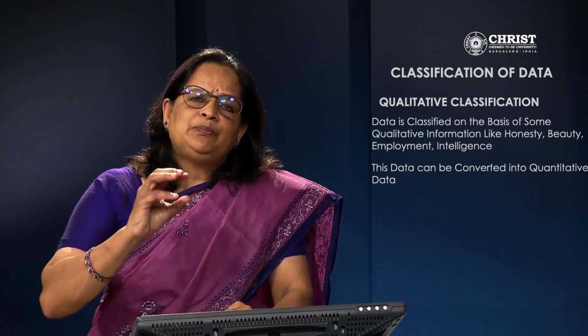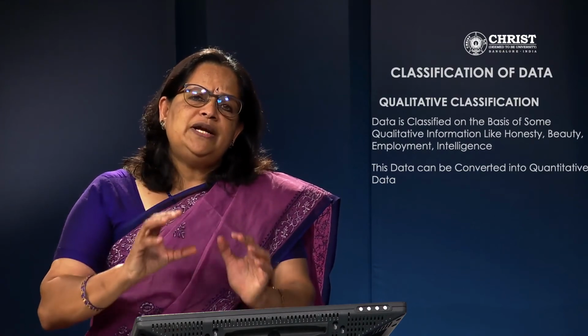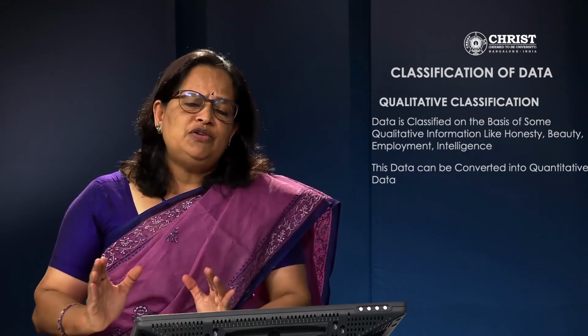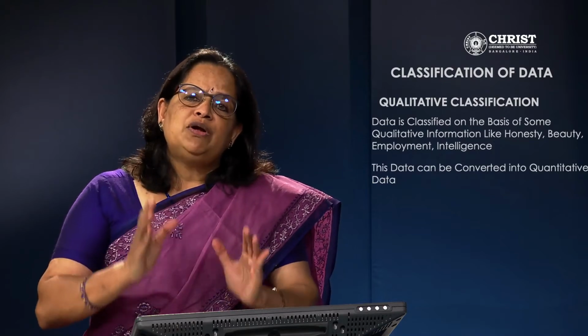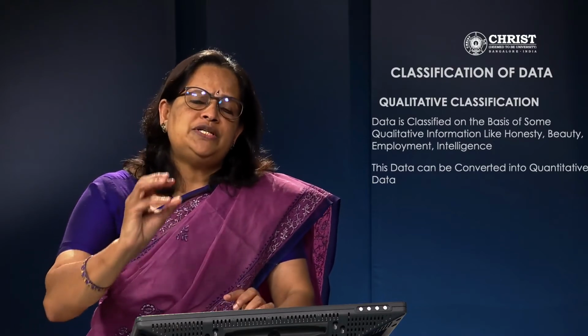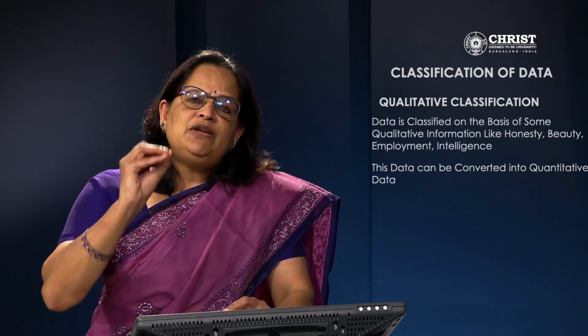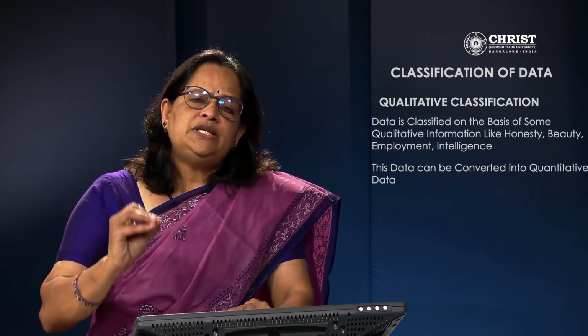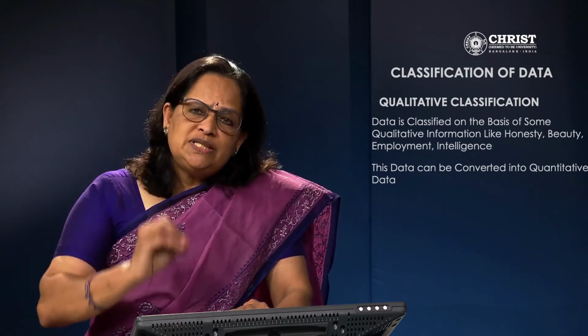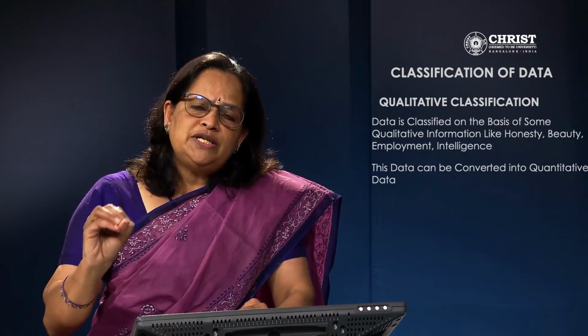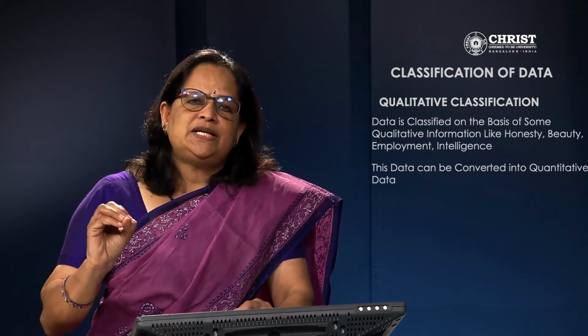So if you are classifying the data based on any qualitative information which is not capable of direct measurement into quantitative terms or numbers, then we call this classification qualitative classification. This data can be converted into quantitative data using scaling techniques.